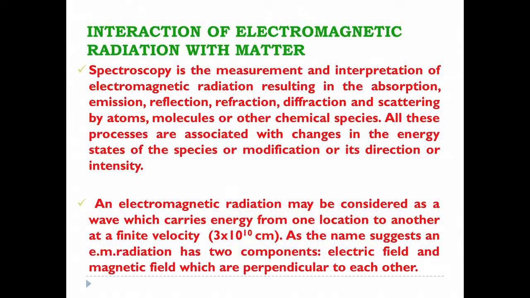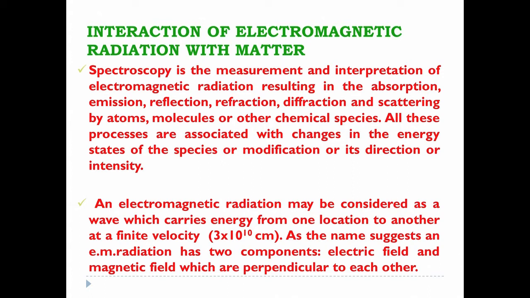But the essential point is that an electromagnetic radiation is a bundle of energy that is transported from one point to another at the finite velocity of light. The velocity of light is 3 into 10 raised to 10 centimeters per second.